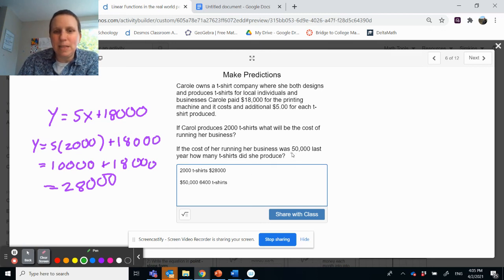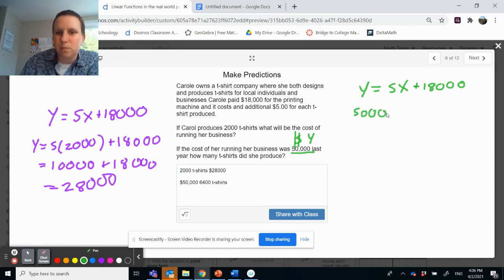This time, 50,000 is a Y value because that's the money. So I'm going to substitute that 50,000 in for Y in my equation. My equation was Y equals 5X plus 18,000. I'm going to substitute 50,000 in for Y. I want to get this x by itself, so I'm going to subtract 18,000 from both sides.